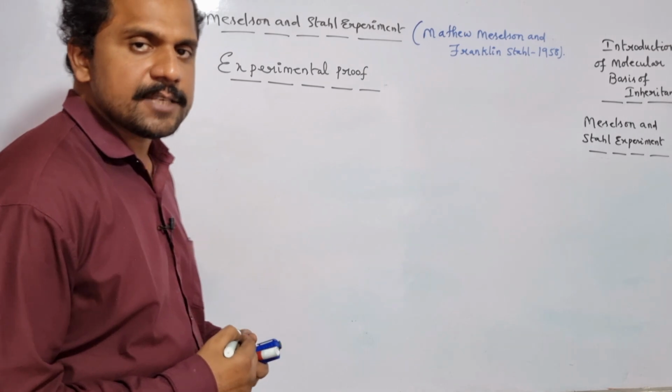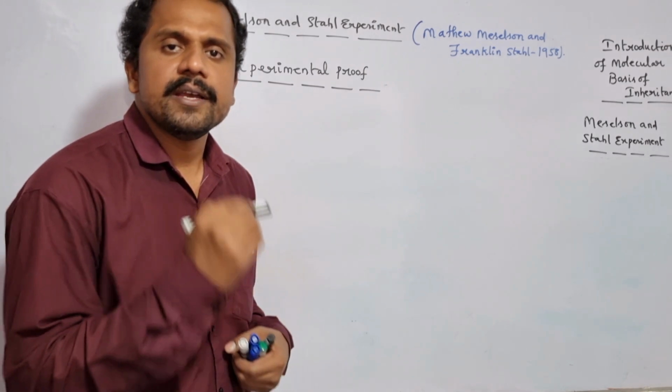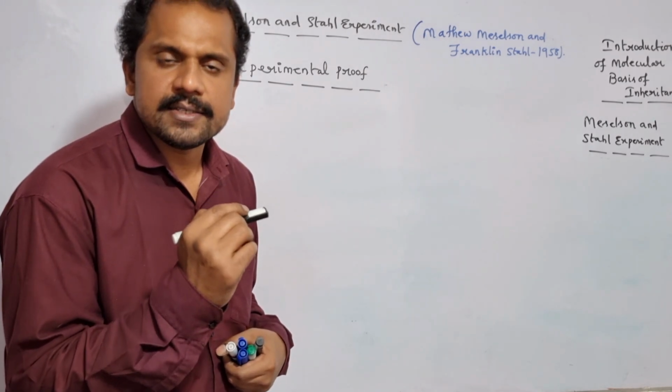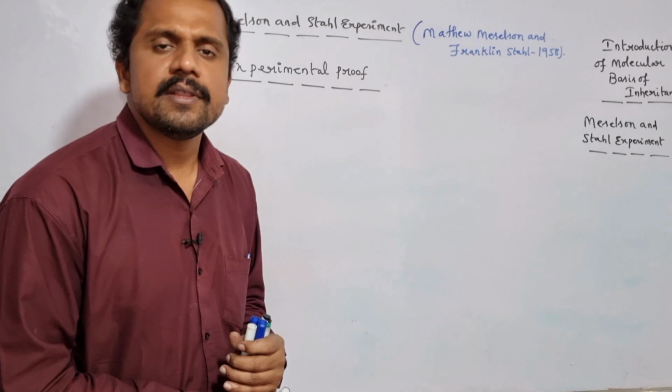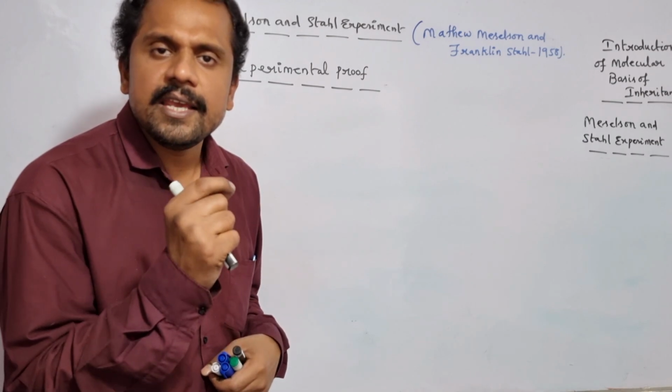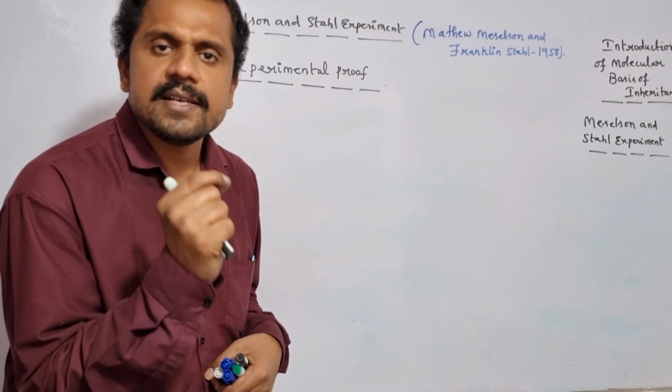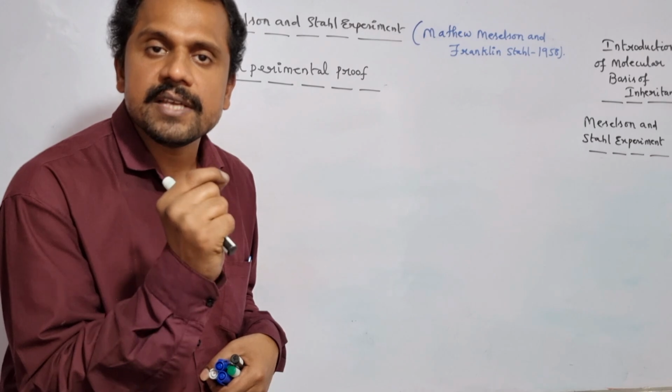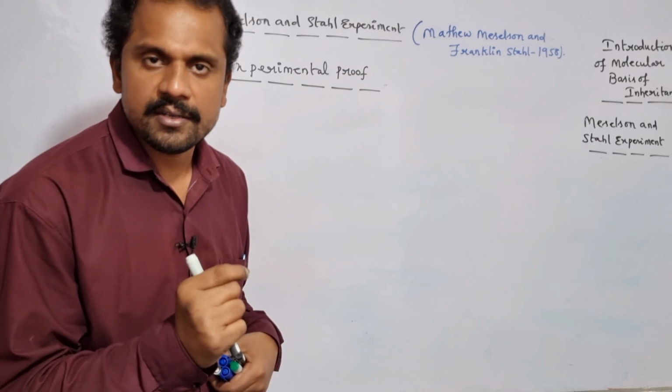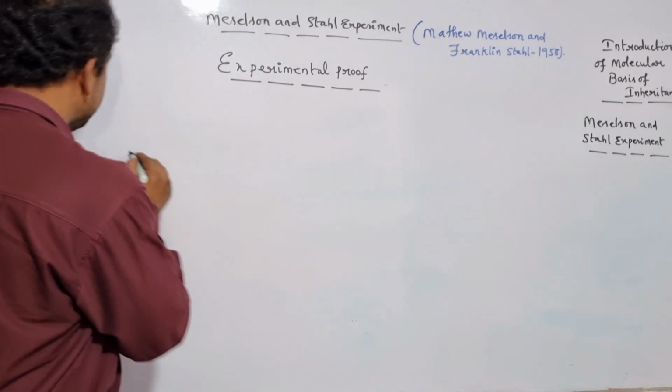And if you look at the experimental proof carried out by Meselson and Stahl, initially these people grew the particular E. coli bacteria in a solution which was enriched with ammonium chloride. So just look here.